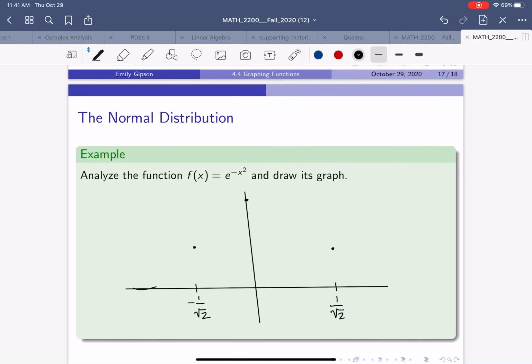So we go from being increasing and concave up, to increasing and concave down, to decreasing and concave down, to decreasing and concave up. And that looks exactly like the bell curve that we were describing to begin with. So we can graph any function we like when we know information about its second derivative and its first derivative.